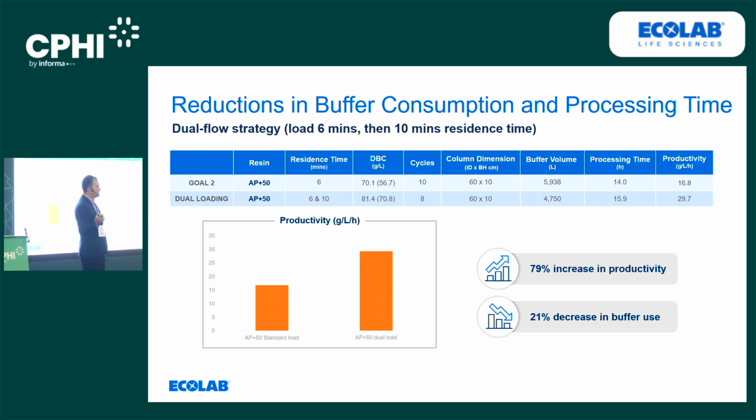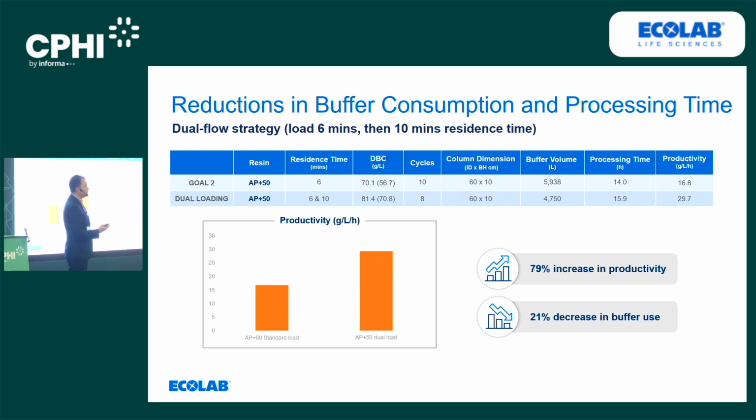That means that you will be reducing the total process time, but increasing the overall binding capacity. In this scenario, you can increase productivity close to 80% and still reduce the buffer consumption by about 20%. So within those scenarios, you can see there are a lot of increases in productivity you can achieve by only dropping the bed height, okay?